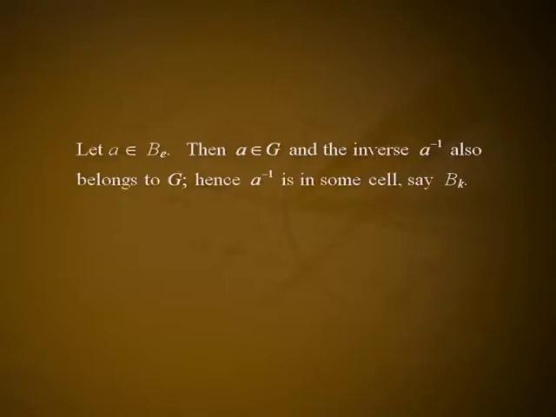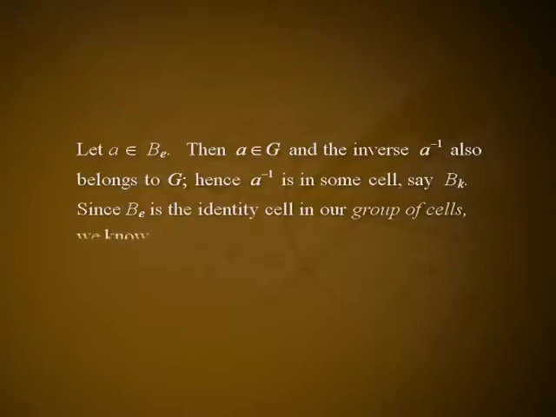Therefore, in particular BE into BE is equal to BE, which shows, if we choose all possible representatives of BE, that BE is closed under the multiplication of the group G. By its definition, BE contains E. If A belongs to BE, then A belongs to G, and the inverse A inverse also belongs to G. Hence, A inverse is in some cell, say BK. Since BE is the identity cell in our group of cells, we know that BE into BK is equal to BK.